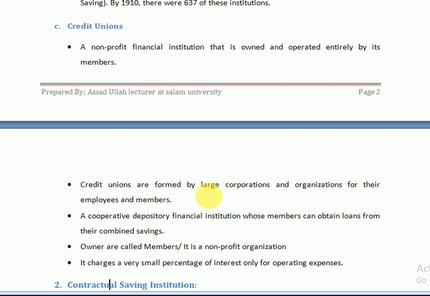Credit unions are mostly made by large corporations and organizations for their members and the employees who are working there, to financially help the members of these unions. All the members are also the owners, but they are called members, not owners.